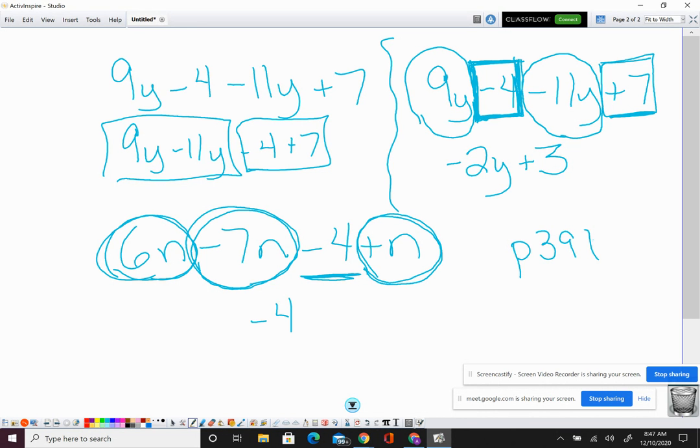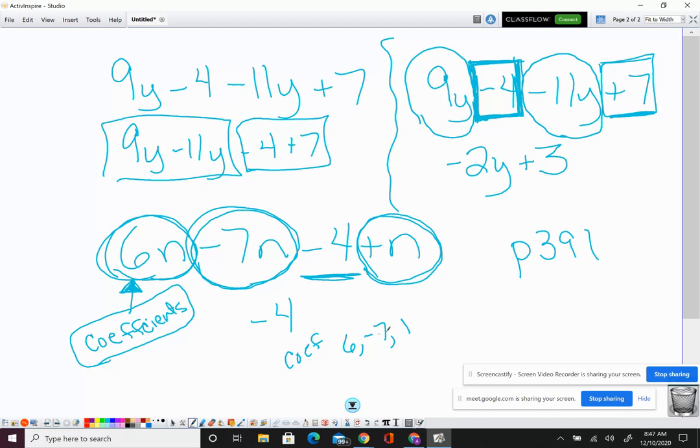On page 391, there's some other terms that they talk about that they want you to identify. These numbers out in front of the variables, those are the coefficients. It's the official name for them. And it's just the number part out in front. So in this example here, the coefficients would be 6, -7, and +1.